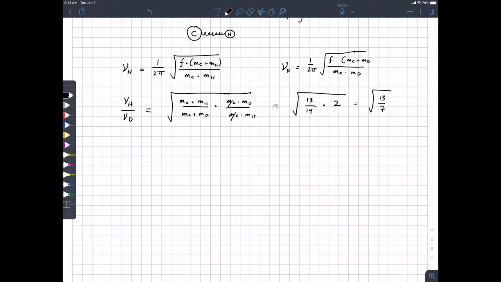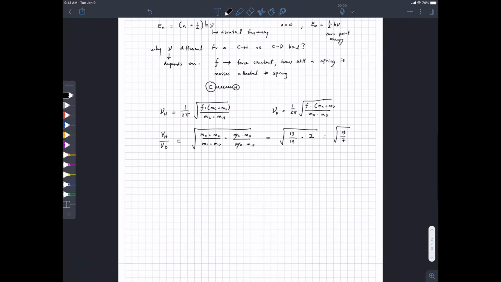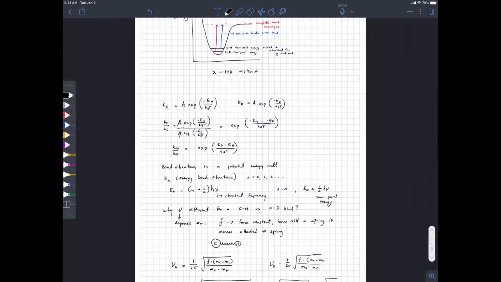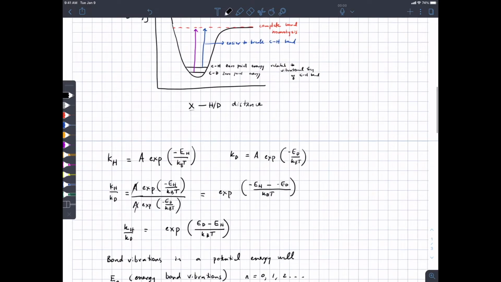And therefore, yeah. So if you make the assumption that the difference in energy of activation for hydrogen versus deuterium is related to this difference in vibrational energy.